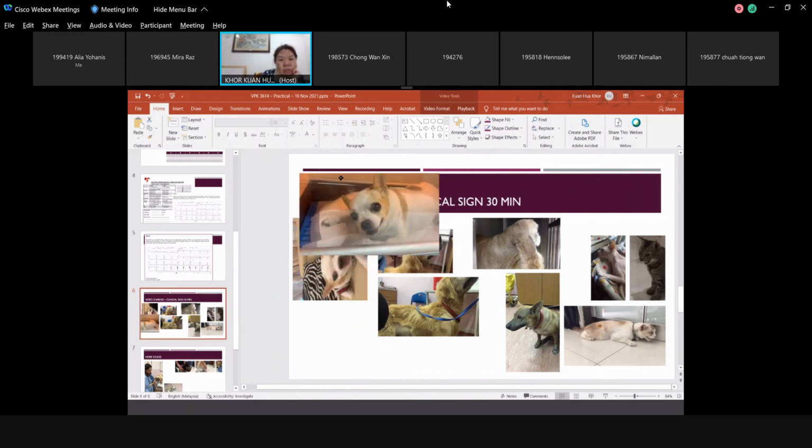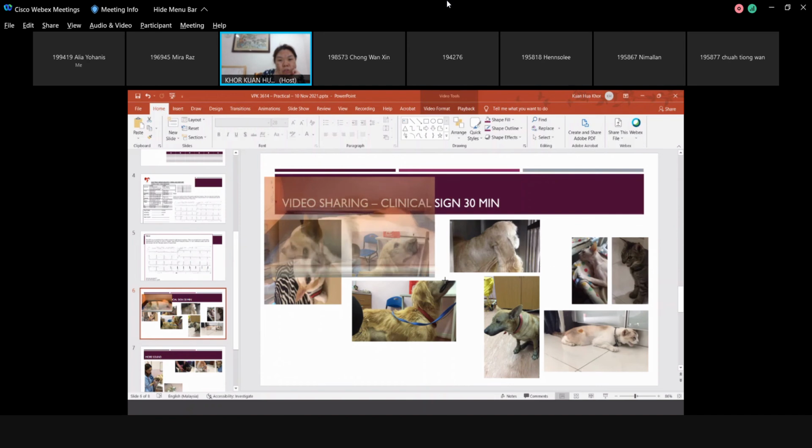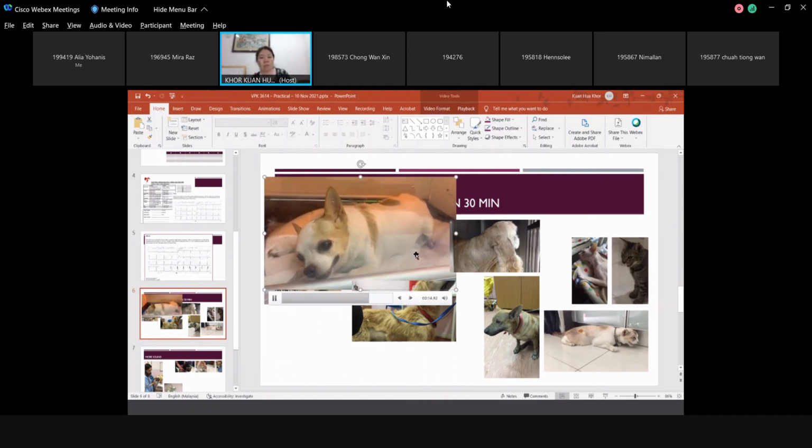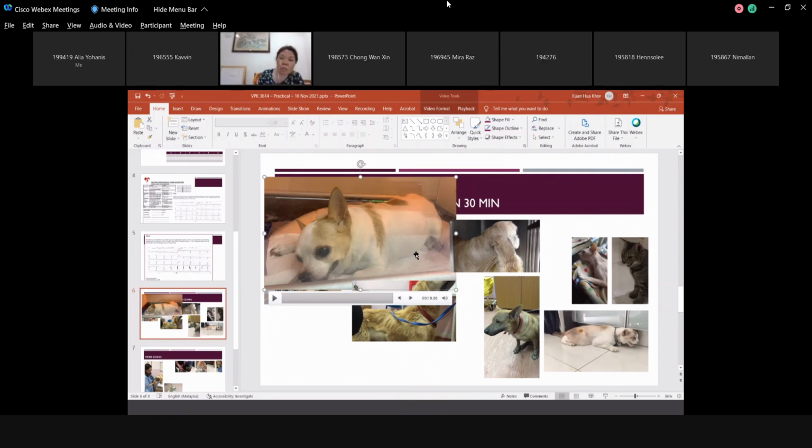Can you see? Let me show you the abdominal breathing. Can you see my cursor? It's already gasping for air. Is the heart rate increased? What should be the correct term to describe this dog? What is this dog having? Tachypnea. Tachypnea, heart rate increased, respiratory rate increased. What else?